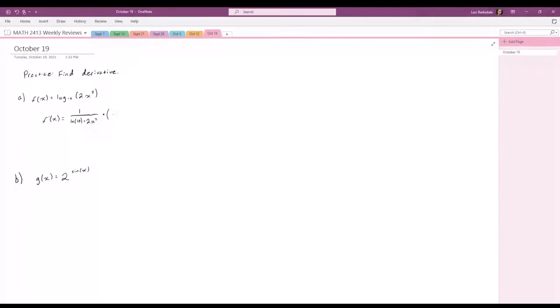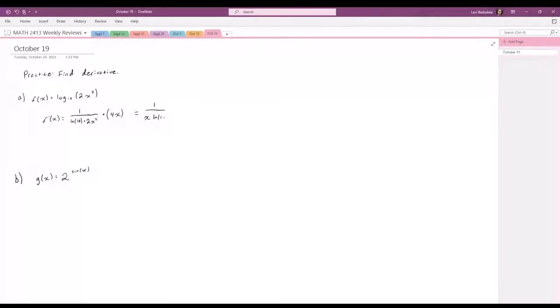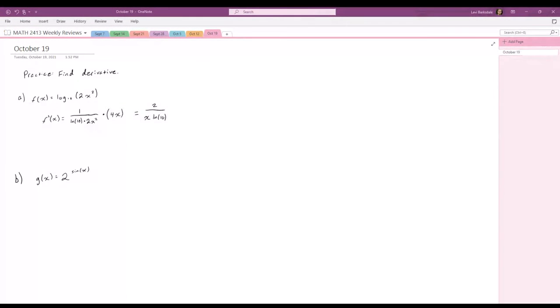So the derivative of 2x squared is 4x, and then we can simplify. We can cancel an x and a 2, so that gives us 1 over x times natural log of 10, and we should still have a 2 on top. So our first derivative is 2 divided by x times the natural log of 10.